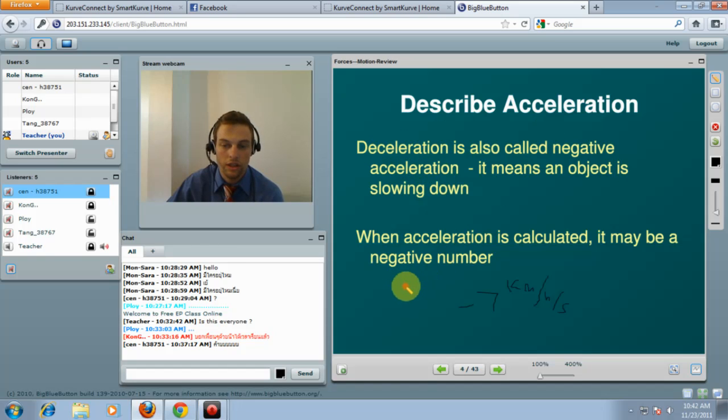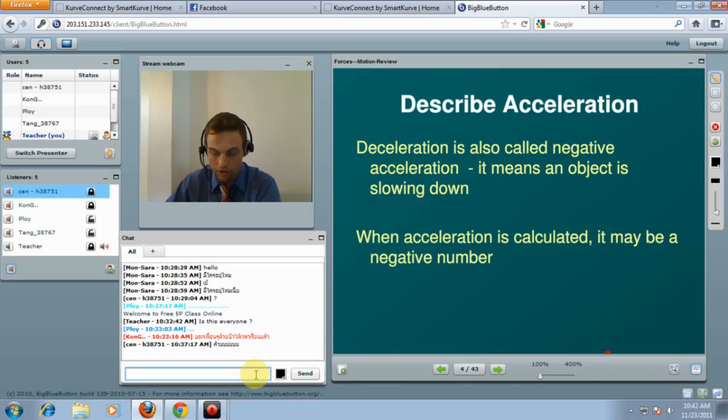This negative number just tells you that it's slowing down. If you see an acceleration, that's an A, by the way, and you see a negative number, it just means that the object is slowing down. Hopefully that makes sense.